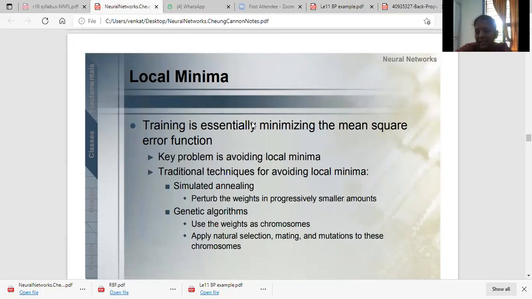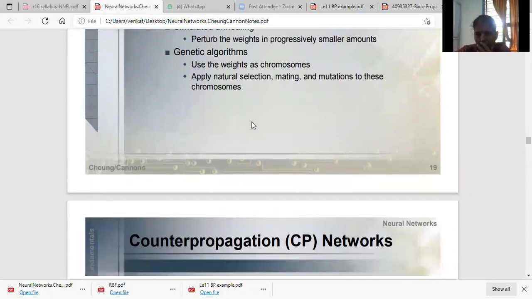Some of the techniques for avoiding local minima are simulated annealing and optimization techniques, where you change your weights in progressively smaller amounts, with smaller variations. Another method for avoiding local minima is genetic algorithms: use the weights as chromosomes, and apply natural selection, mating and mutation to these chromosomes.